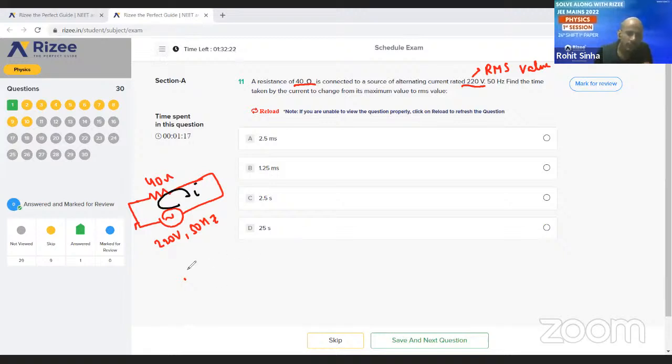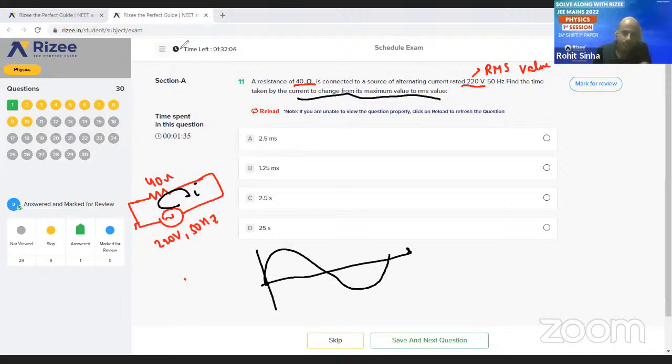Suppose the current is I. It is telling that find the time taken by the current to change from its maximum value to RMS value. Now let us compare the RMS value and the maximum value. Suppose this is the alternating current. At this point we get the peak current, that is the maximum current.